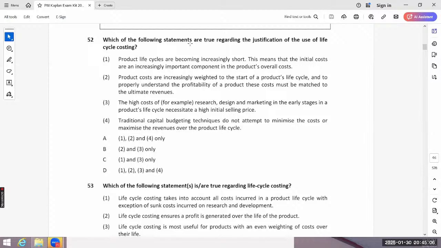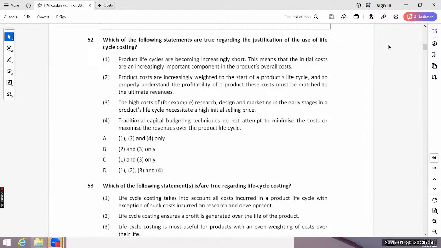Yes, students. Statement 1: product life cycles are becoming increasingly short. This means that the initial costs are an increasingly important component in a product's overall cost. Is it justifiable? Yes, it is justifiable. If the product life cycle is short, then initial cost becomes an increasingly important component.